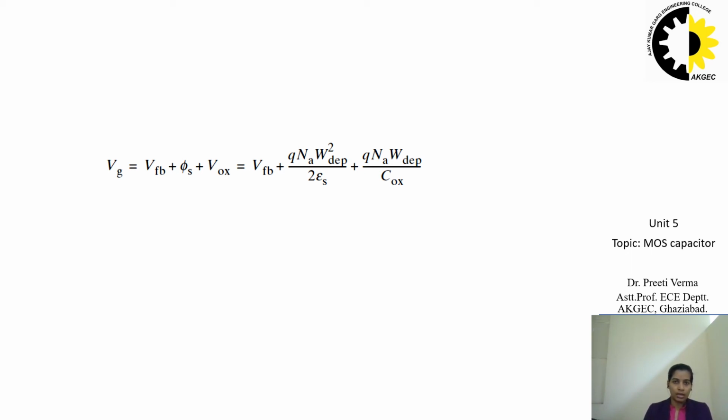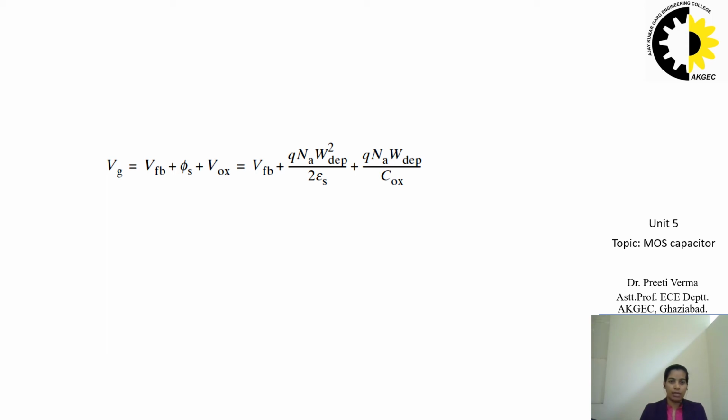So combining the equations, we get Vg is equal to Vfb plus phi s plus Vox, which is equal to Vfb plus q multiplied by Na Wdep square divided by 2 epsilon s plus q Na Wdep divided by Cox.